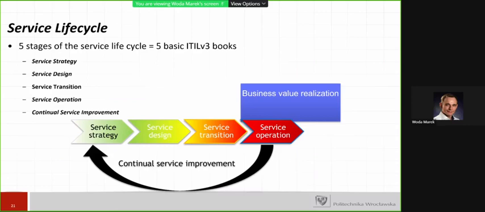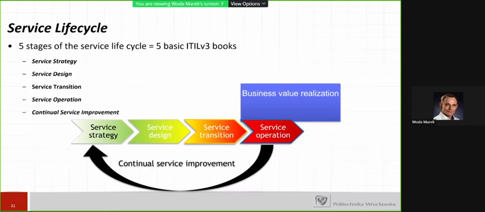And service operation, this is the moment when we are providing the services, and we are trying to realize our business goals. So this phase is also called business value realization. And this is a cyclic process.